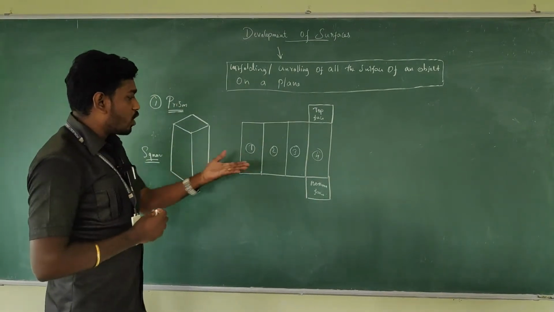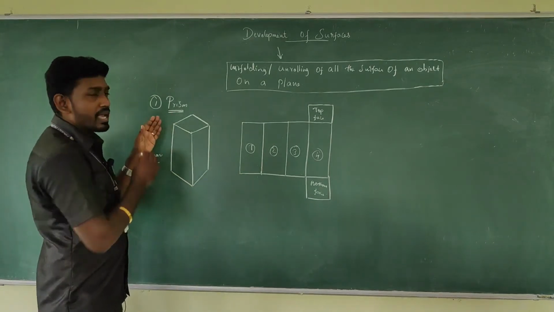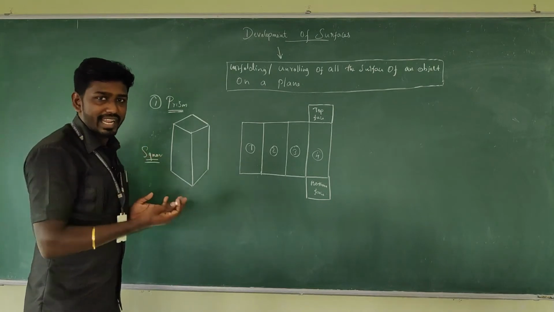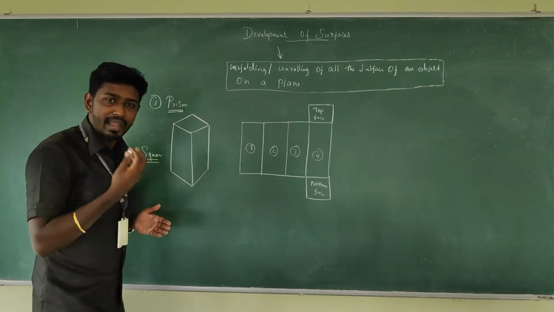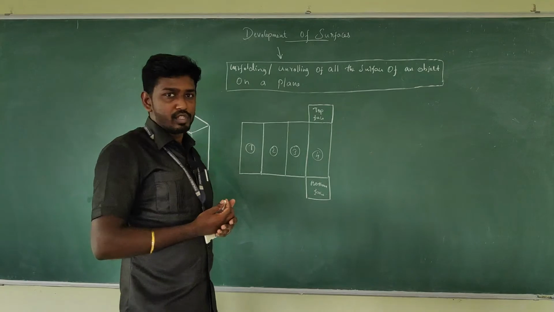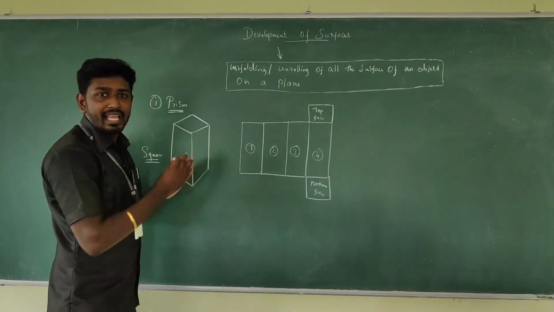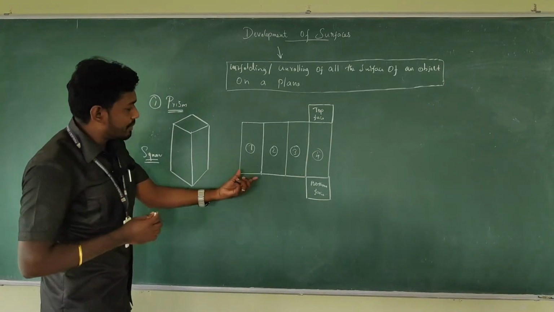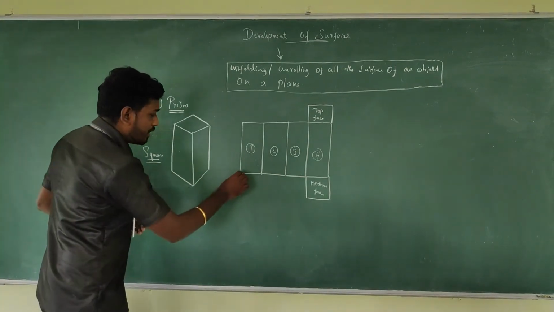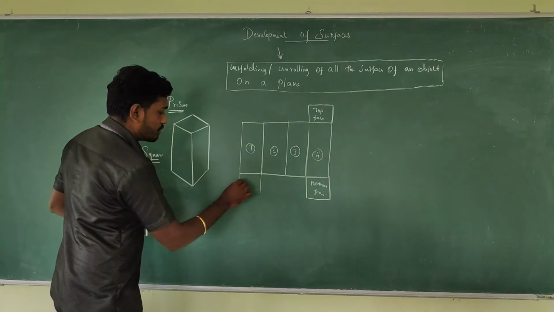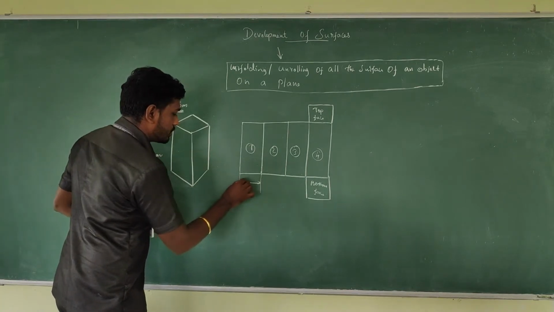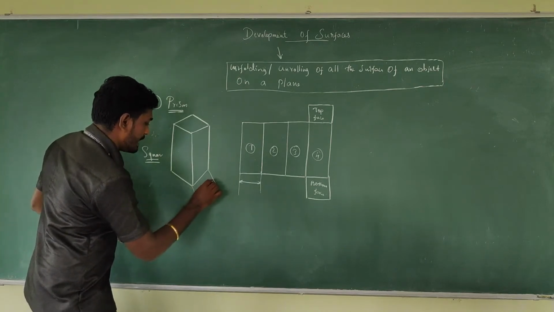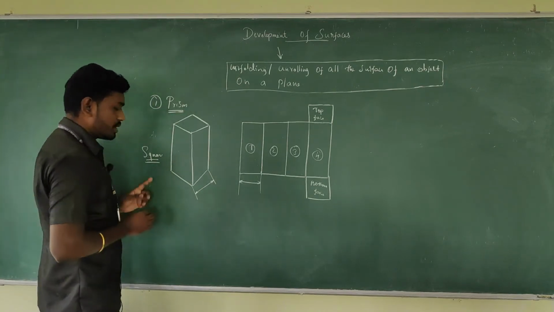This is the stretch out when you cut any kind of prism. It may be a triangular prism, a hexagonal prism, or a pentagonal prism. It will be a rectangular stretch out, but proportional to the number of sides. If you take the measurement of this segment, it will be equal to the base edge measurement.